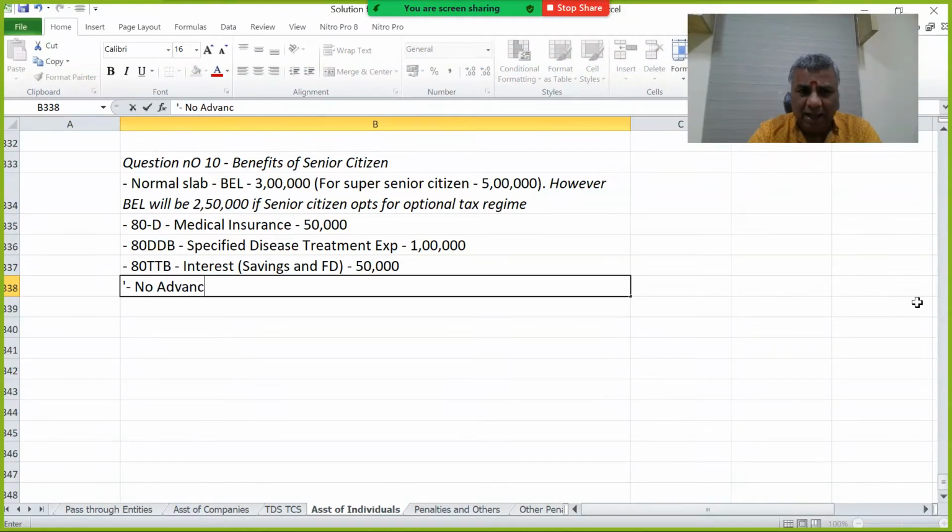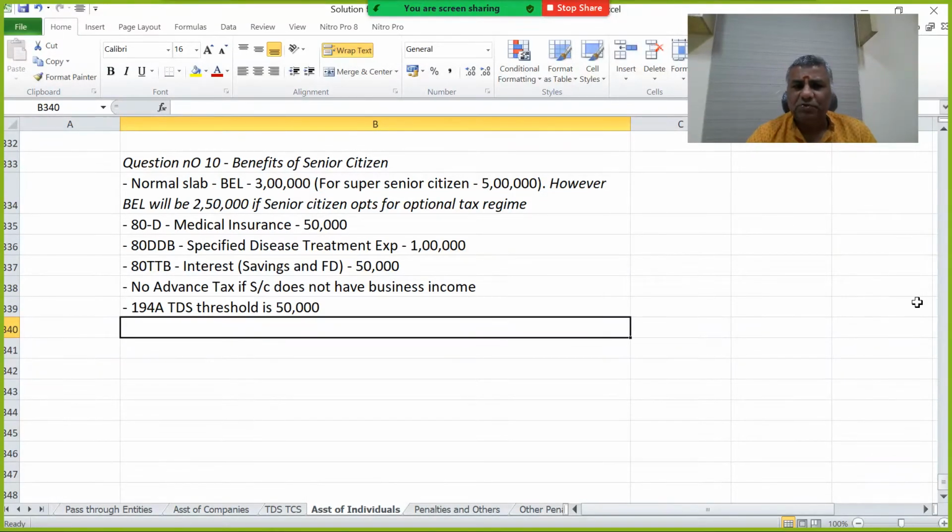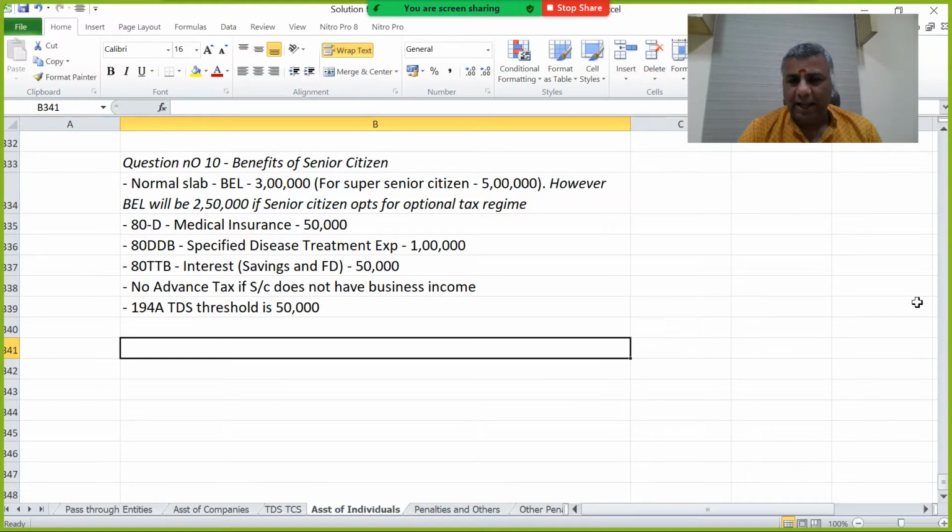You need not pay any advance tax if a senior citizen does not have business income. 194A TDS threshold is 50,000. If you are a senior citizen, these are all the various benefits the law provides you: slab rate, but not for the optional tax regime, 80D, 80DDB, 80TTB, advance tax not applicable, and 194A.